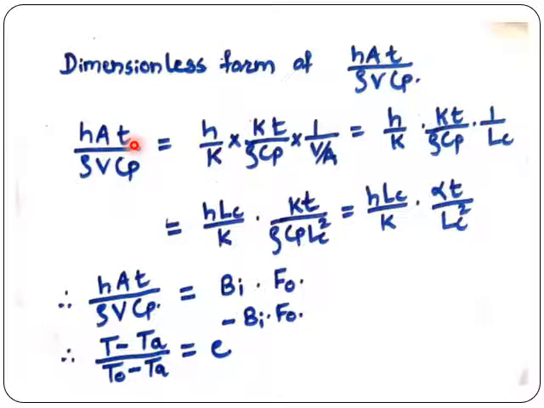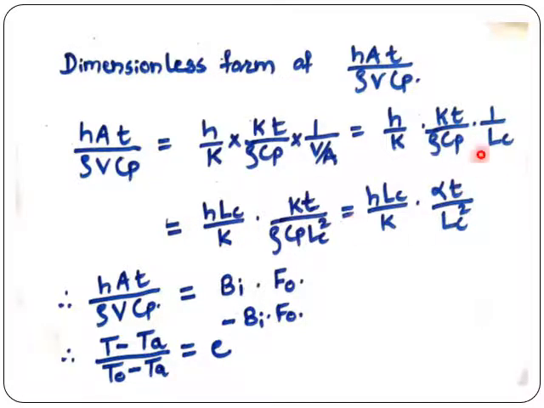So hA t by rho V Cp can be written as, multiplying and dividing by k, h by k into k t by rho Cp, and taking the area in the denominator, it becomes V by A. V by A is called the characteristic length of a solid. So I'll substitute V by A as Lc.